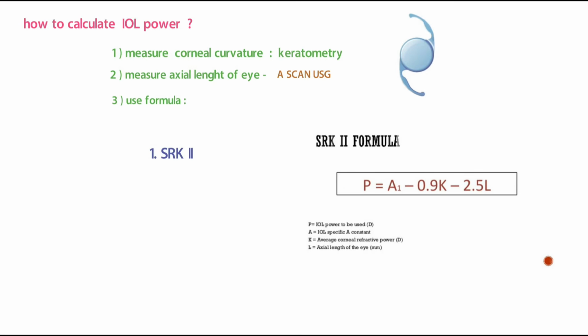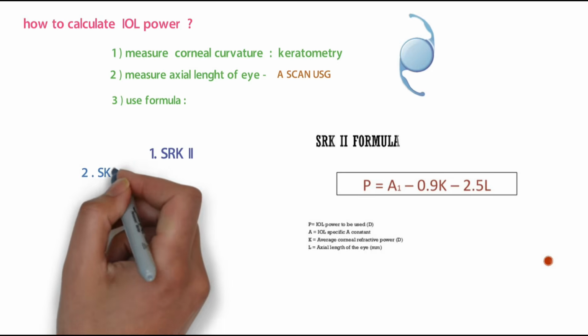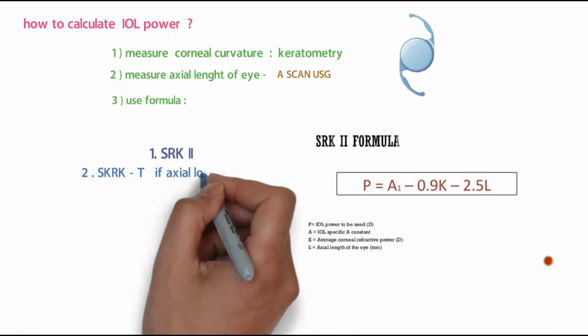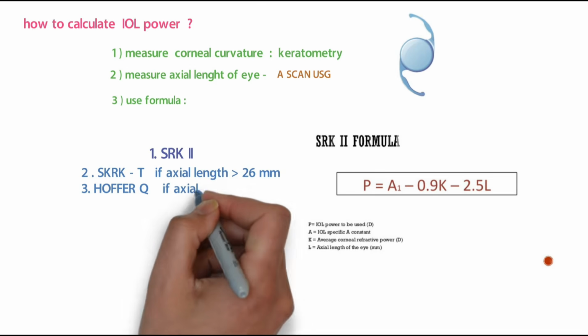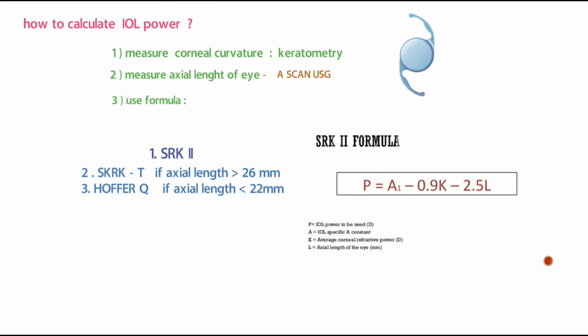So P equals A minus 0.9K minus 2.5L. This is the formula for calculation of the power of intraocular lenses. We can also use formulas like SRK/T if the axial length is more than 26 mm, and Hoffer Q if the axial length is less than 22 mm.